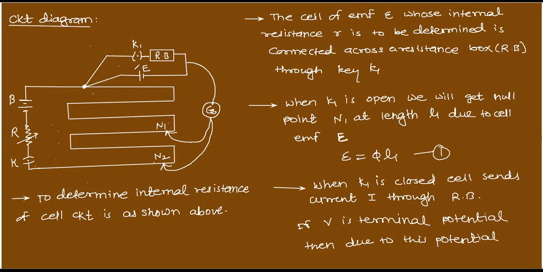Why? Because this is not because of only the cell. Because of this resistance, you are getting some drop. Got it? So therefore, can I write like this? V is equal to phi L2. Let's call this equation number 2. Already one finished, no? You make it here 2. Equation number 2, V is equal to phi L2.